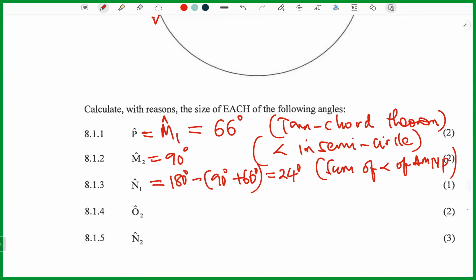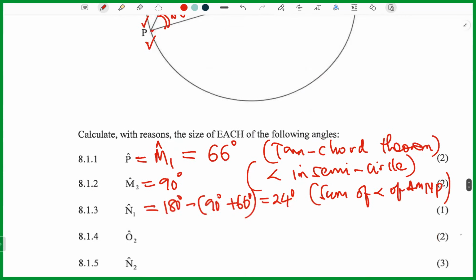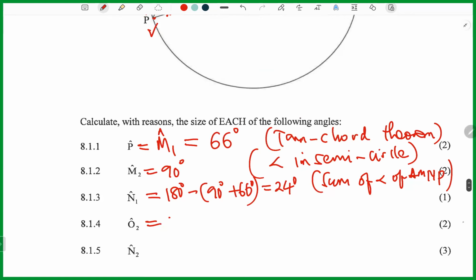Now angle O2, it's this one here. Obviously we see the relationship between this one and angle P. So angle O2 is equal to angle P, and is equal to 66 degrees. Why? Because we are dealing with corresponding angles.